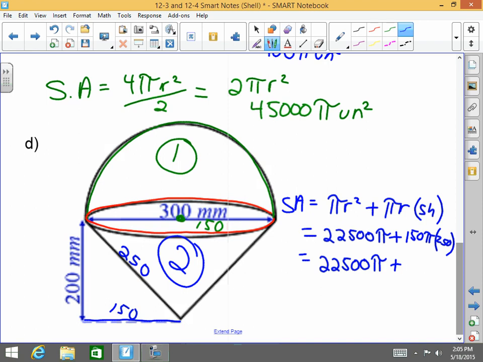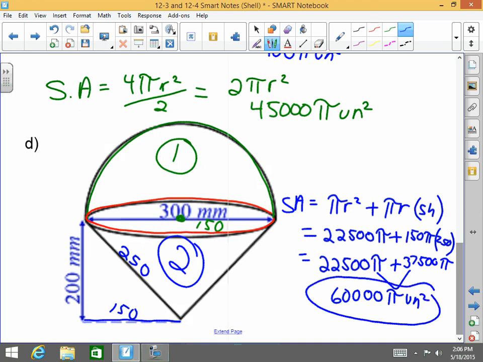Okay, so 150 times 250 equals 37,500. So now my total answer, add them together. And you've got 60,000 pi units squared. And that's it.